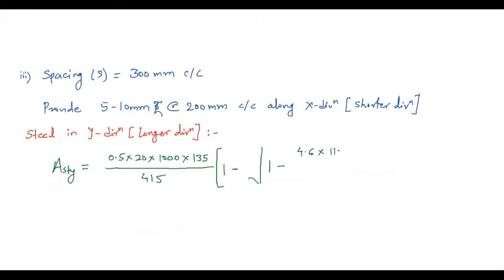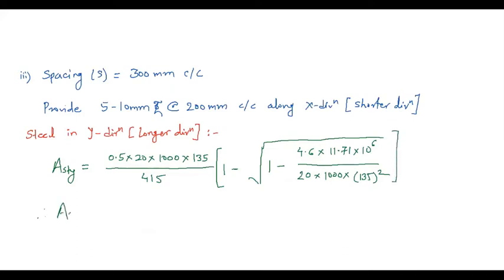So 11.71 into 10 to the power 6, divided by FCK BD square. D square, D is 135 square. Please check the depth, whether I have taken the correct depth.